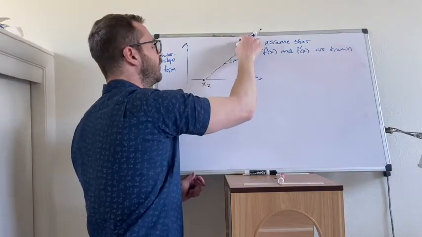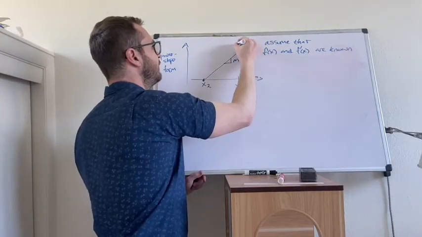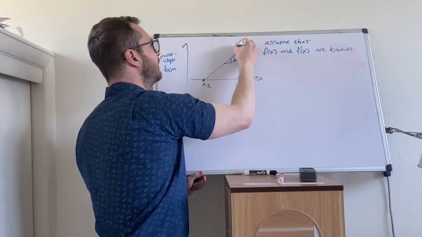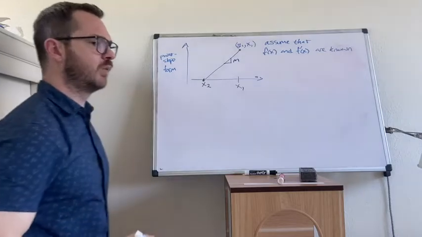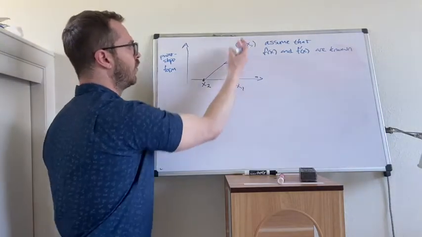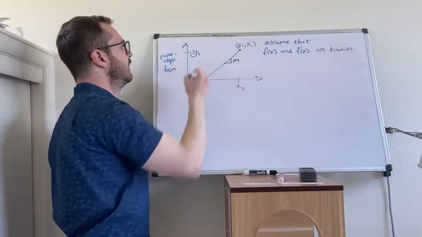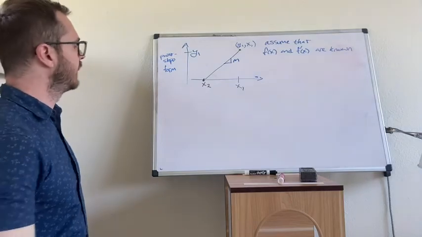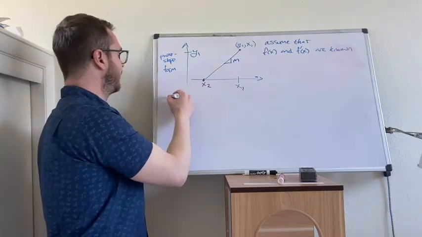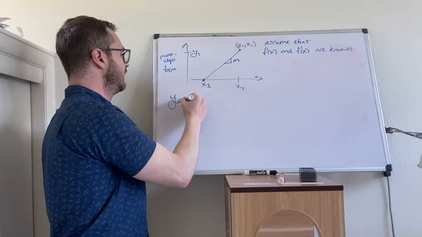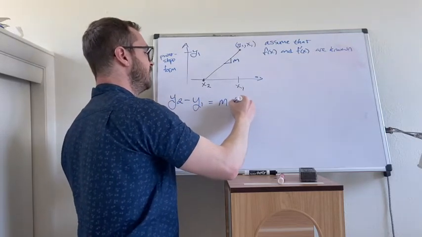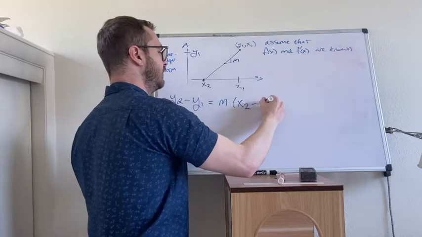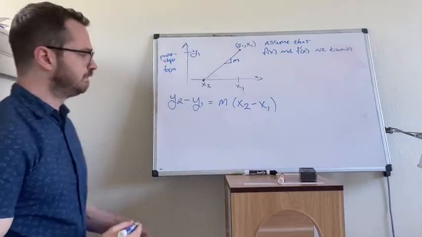I'm going to call this point right here, I'm going to say that this point has coordinates x1, y1. So x1 is the horizontal, y1 is the vertical. Okay, so we need the equation for this line. Here we go. It is y2 minus y1 is equal to m times x2 minus x1.